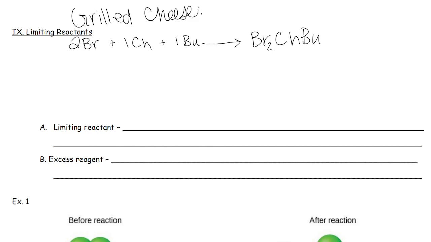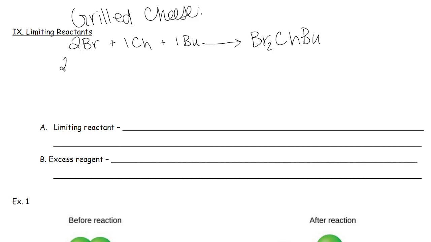So let's say you tell your mom right now, hey mom, I want to make grilled cheese when I get home, and you have none of the ingredients. So your mom stops at the store and she picks up just standard packages for all of these things. She picks up 1 loaf of bread, which has 24 pieces of bread.